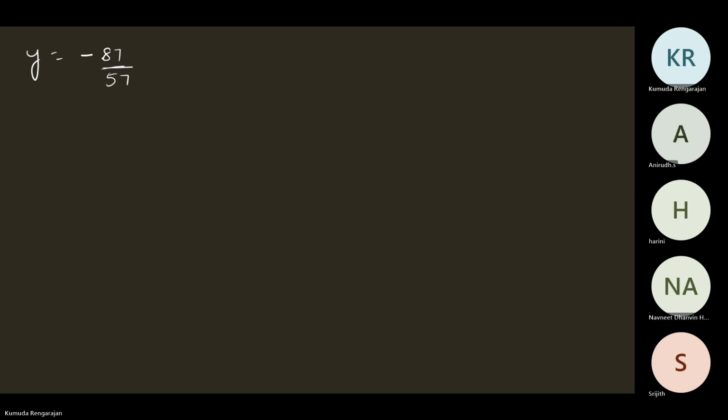29 times. 3, 29 times 87, and 3, 19 times. So y is equal to minus 29 by 19.